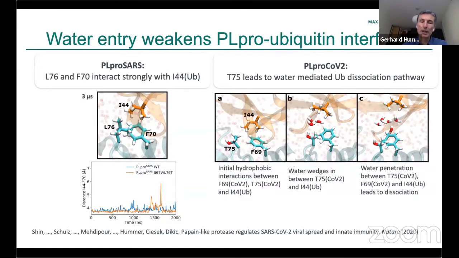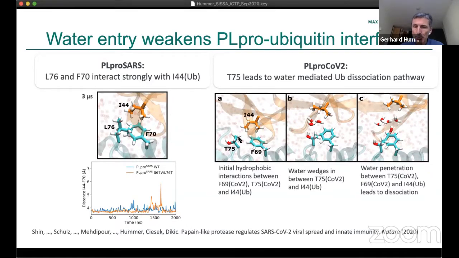And what we found was actually quite interesting: ultimately the main driver that we could see in the MD simulations that explains the difference in substrate preference of the papain-like proteases is a small change in the hydrophobicity. It is the difference between the threonine here and its interaction with the isoleucine 44.